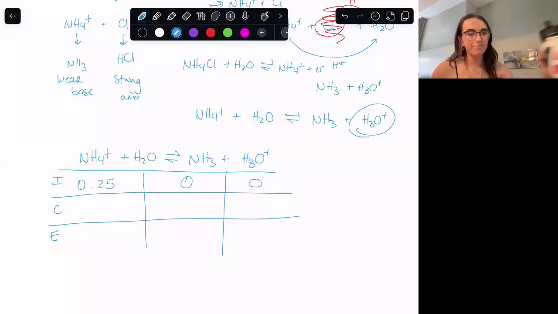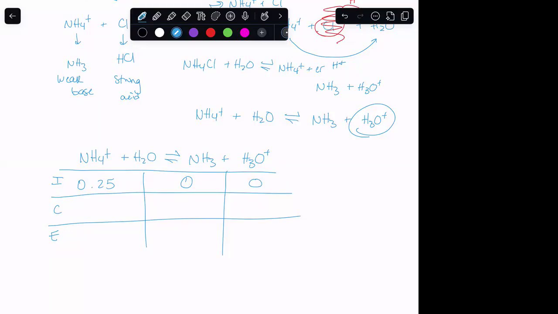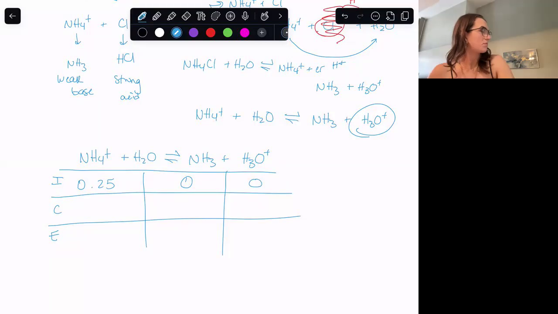Absolutely, go ahead. If Cl was included in this, since it's an ion, would we just ignore it in ICE tables? Yes, because we don't care. If it's the Ka, it's the acid, its conjugate base, and the H3O plus ion.